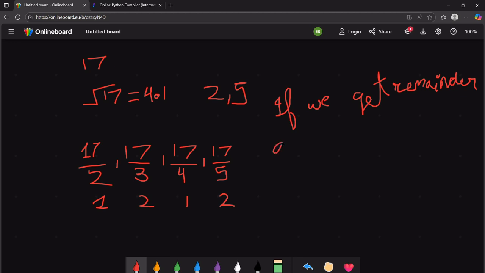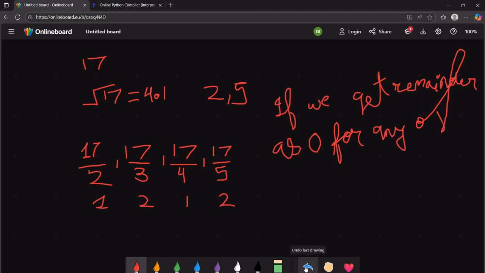If you get remainder 0 for any division, the number is not a prime number.